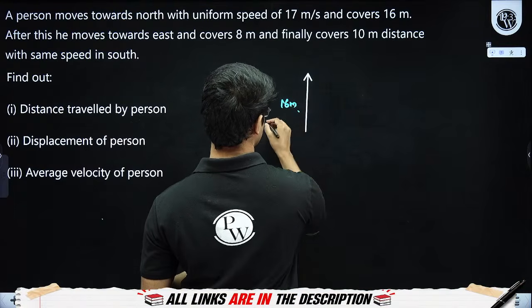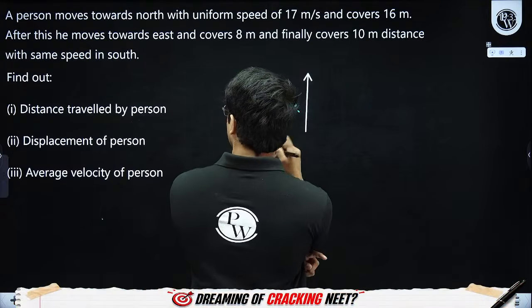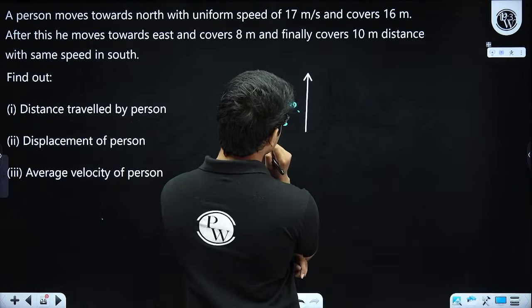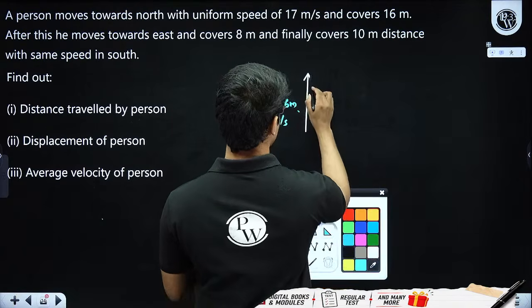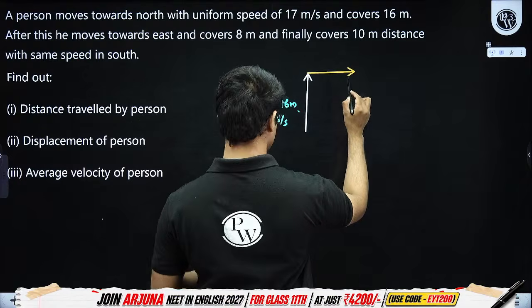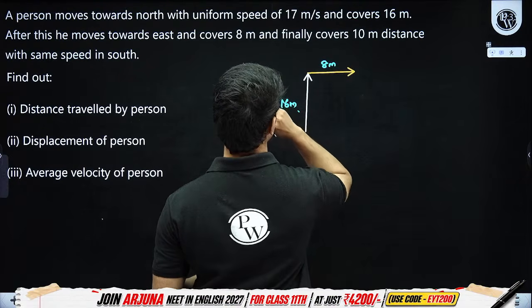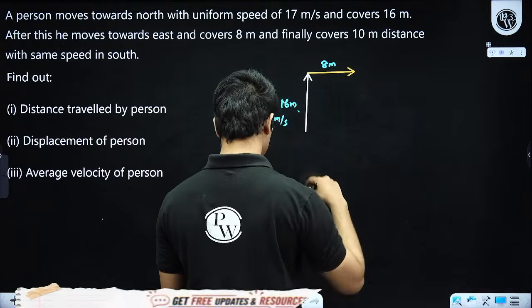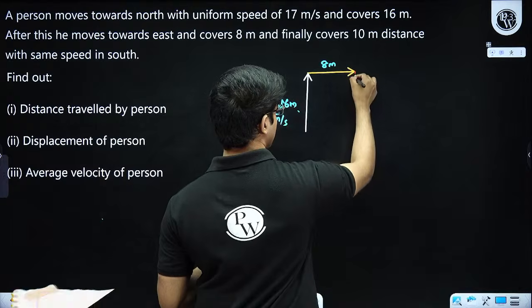After this, he moves towards the east and covers 8 meters. Then he covers 10 meters with the same speed in the south.